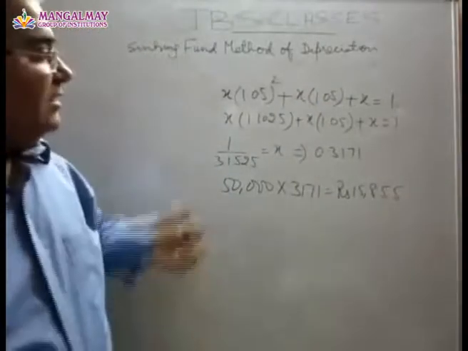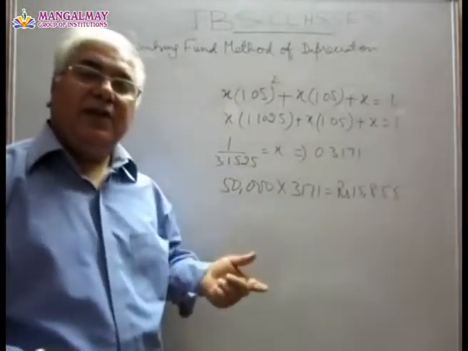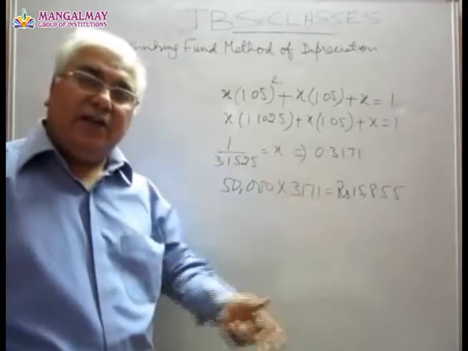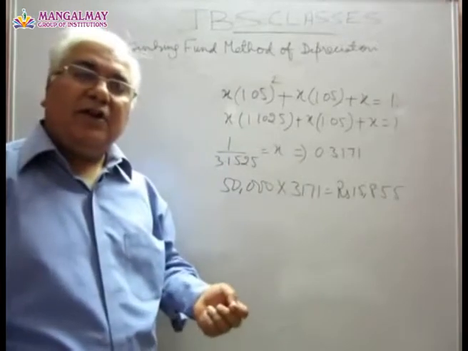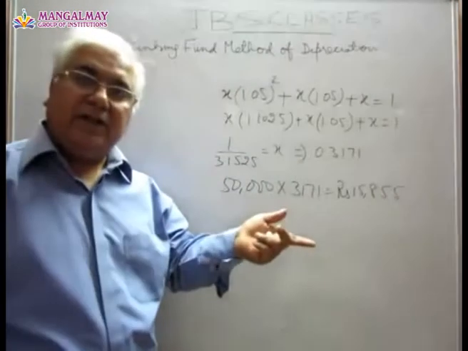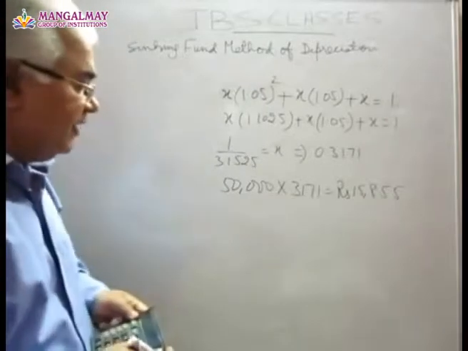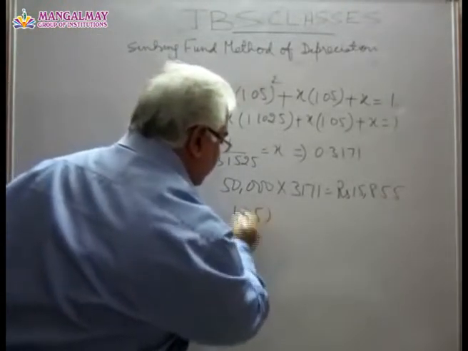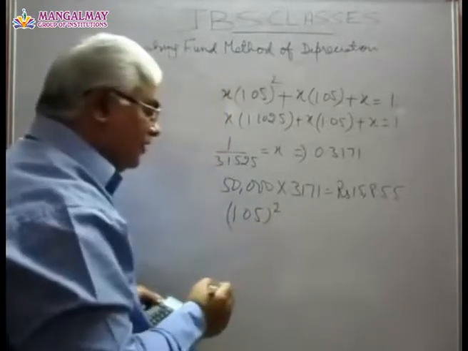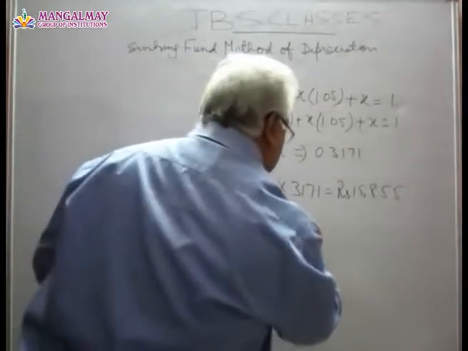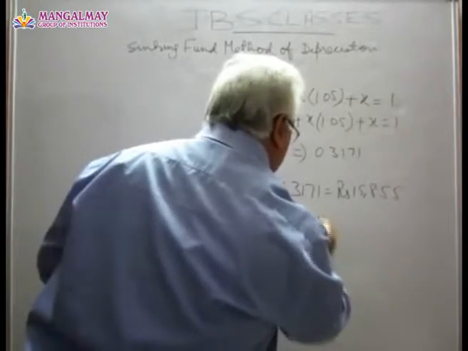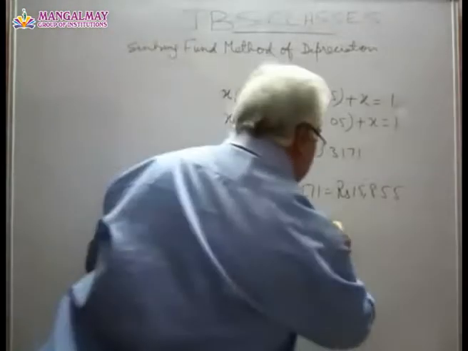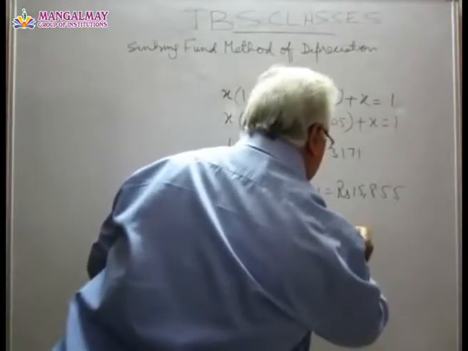Another way of looking at the same thing is that if we buy an annuity and invest as an annuity of ₹1, what it will become at the end of the third year. If we invest 1 rupee, this 1 rupee will be invested for 2 years, and this 1 rupee will be invested for 1 year, and in the last year the annuity will be 1.